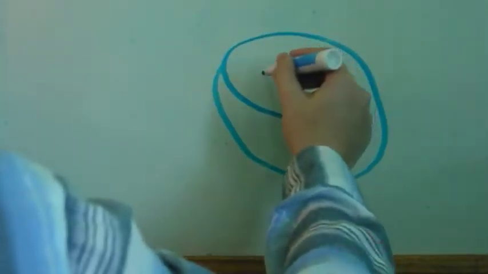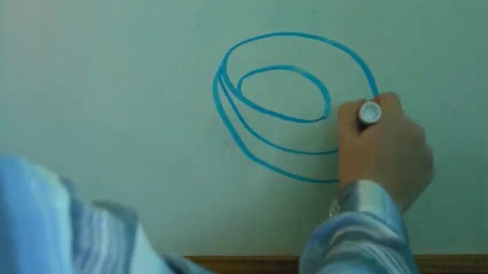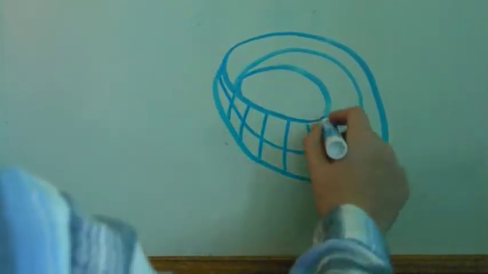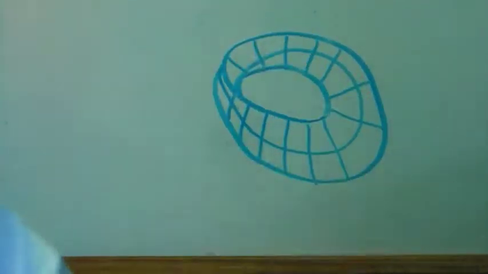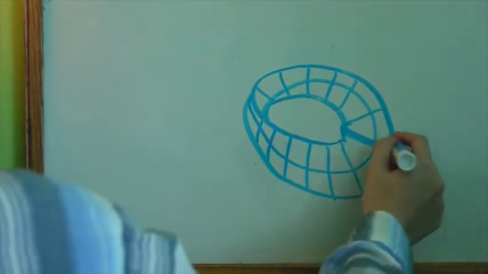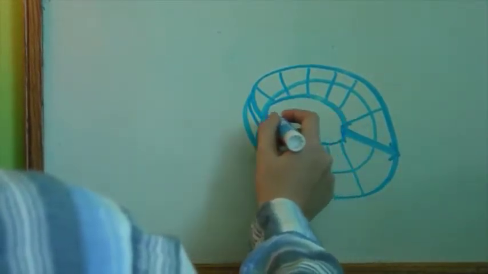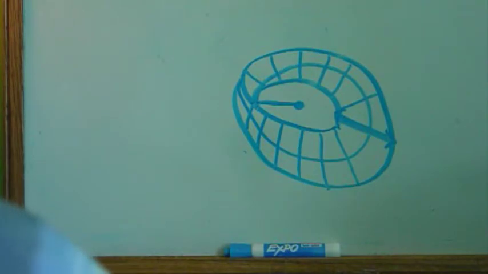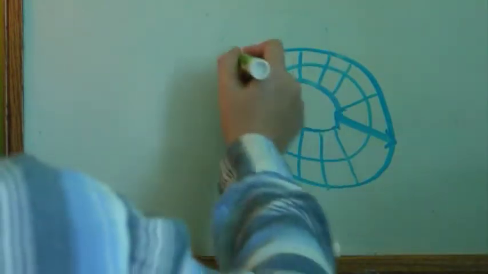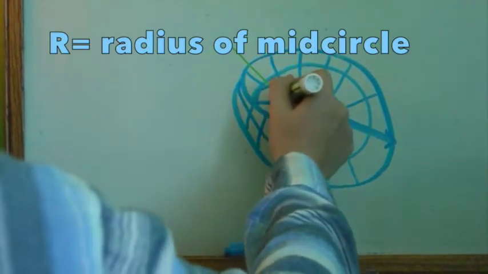The Mobius strip is represented by several sine and cosine equations. R is the radius of the midcircle.